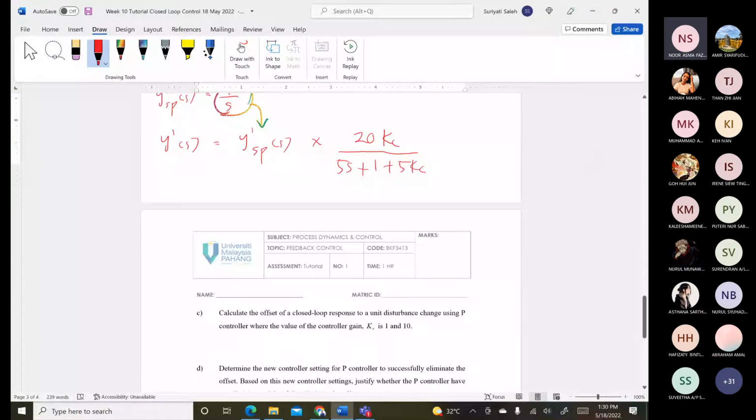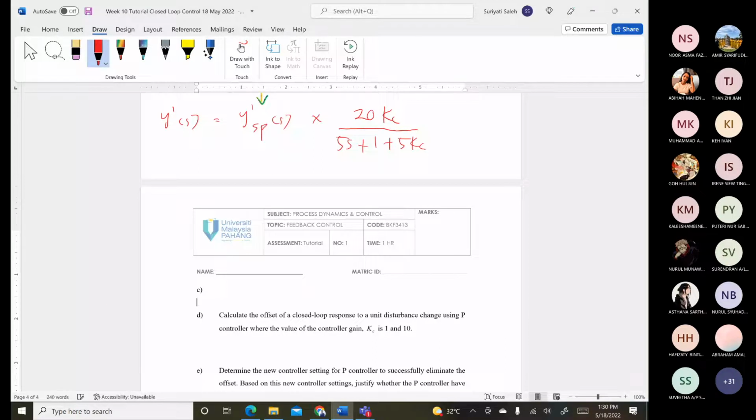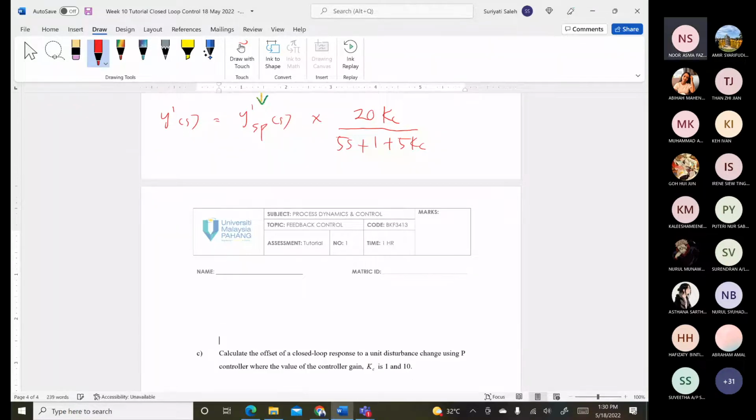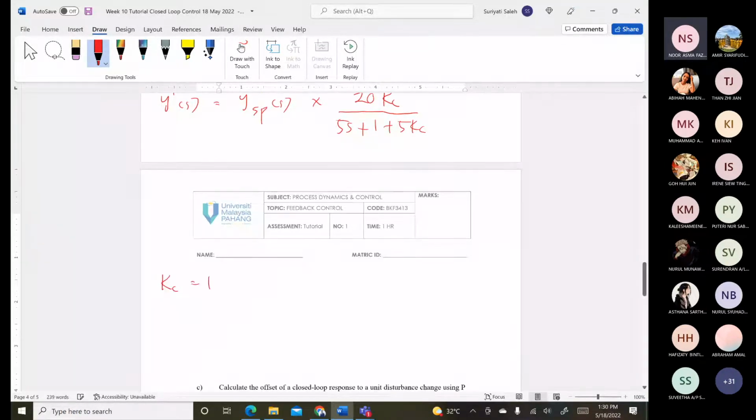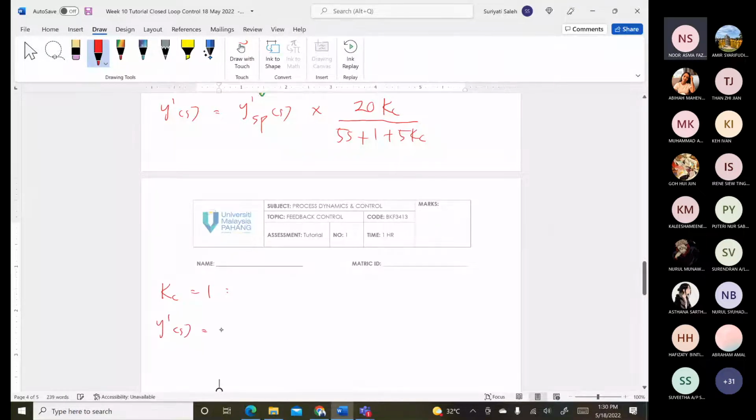So for kc equal to 1, then your equation y prime s equal to 1 over s, multiplied with the 20, multiplied with the 1, 5s plus 1 plus 5 multiplied with 1.